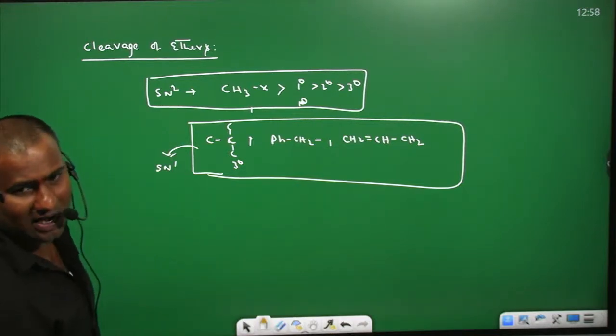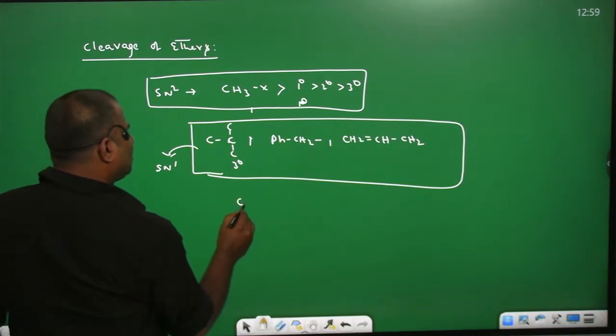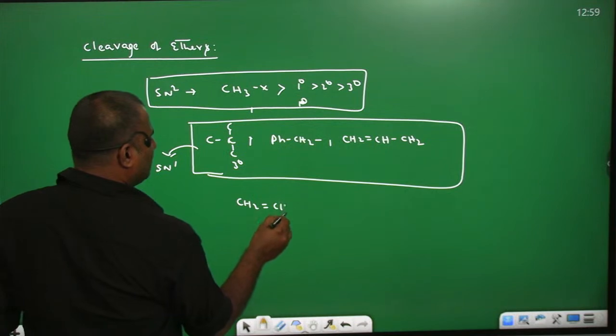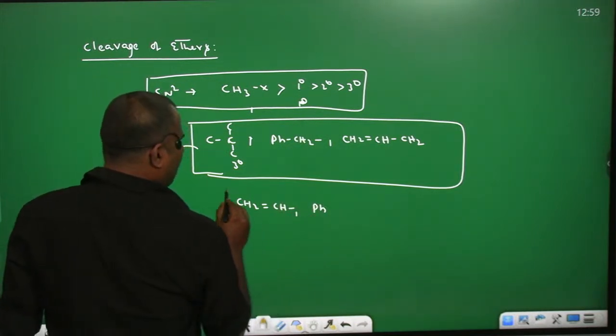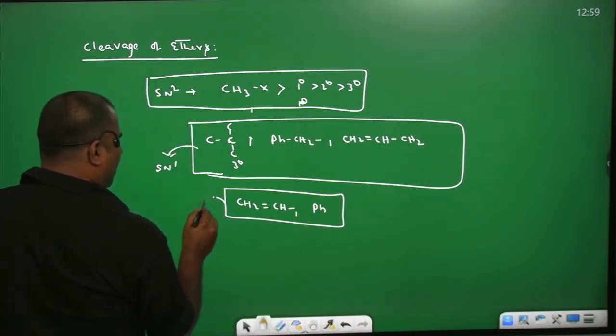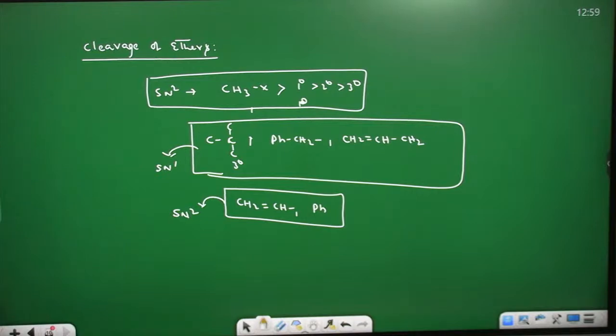Whereas if these groups are vinyl or phenyl, phenyl meaning benzene ring, it is always followed by the SN2 mechanism.